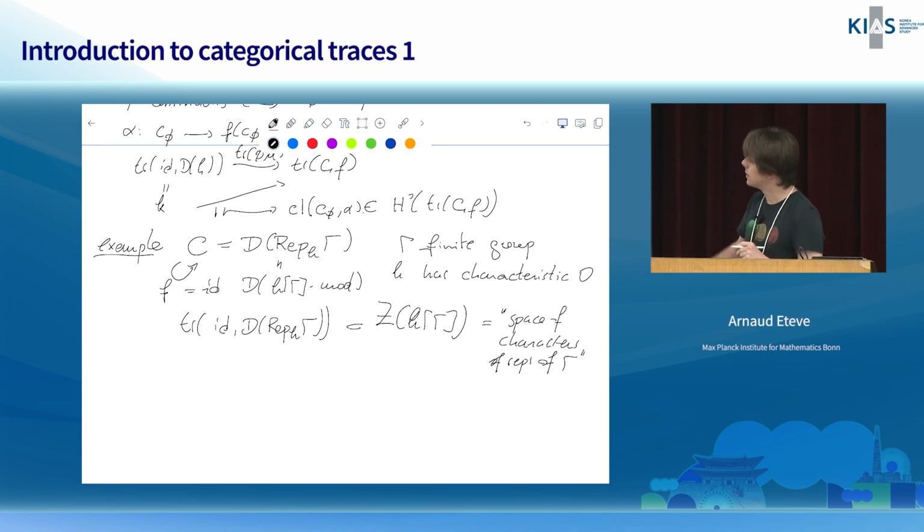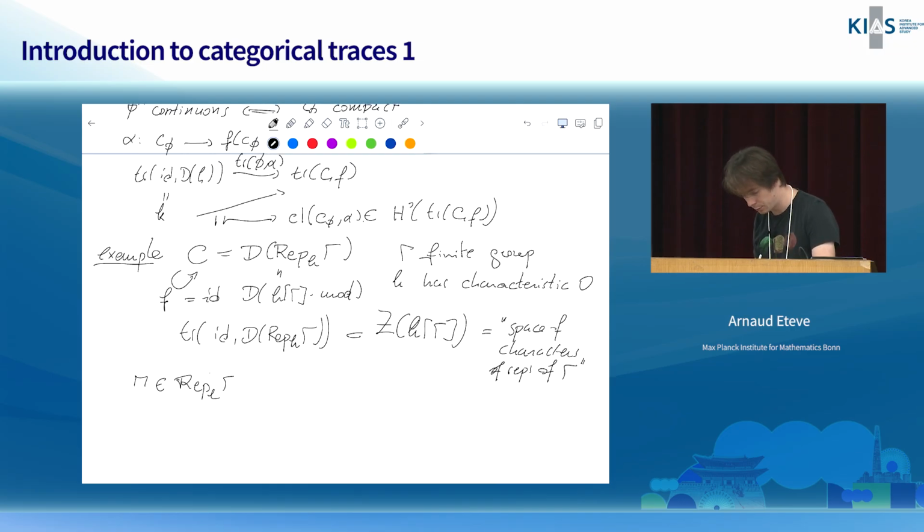Okay, so that's for the trace, and now for the example of such a Chern character. So if we take M, a representation of gamma, which we'll assume to be finite dimensional, this finite dimensional property will imply that M is compact.